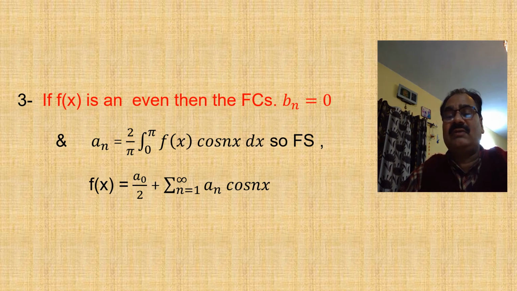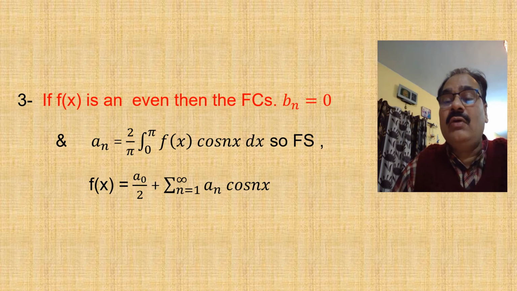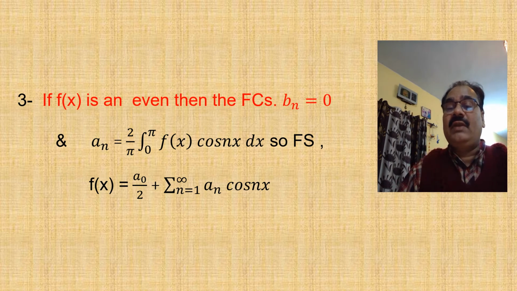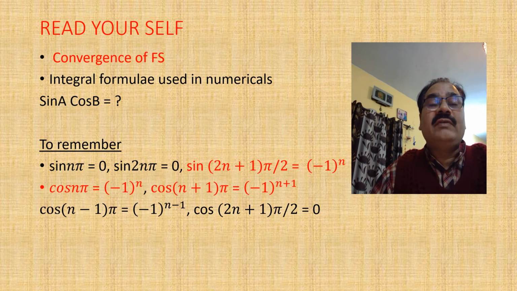So that should be very clear: when the function is even and when the function is odd, how you can define the different Fourier series with the different Fourier coefficients.